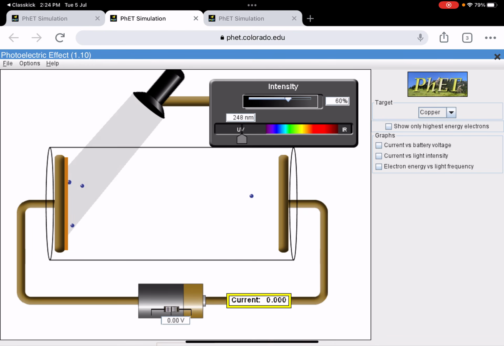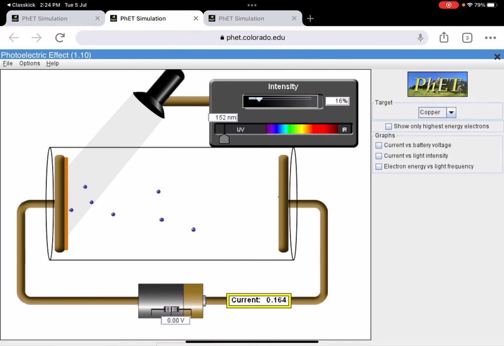Now, let's increase the intensity. By increasing the intensity, the speed of the ejected electrons did not change, only their number is now more. Okay, now let's go back to a low intensity and give it higher and higher energy light. So what's happening here?